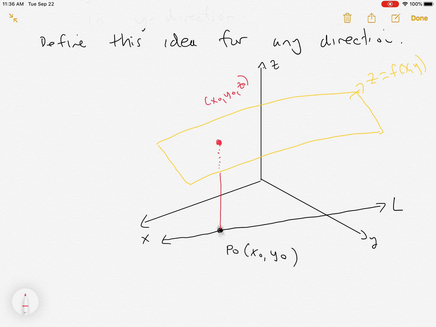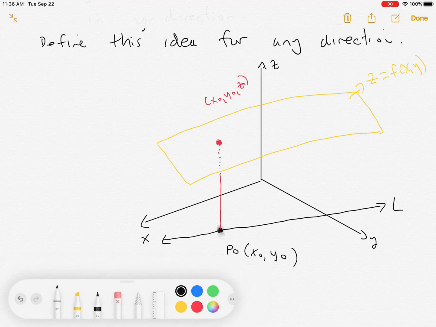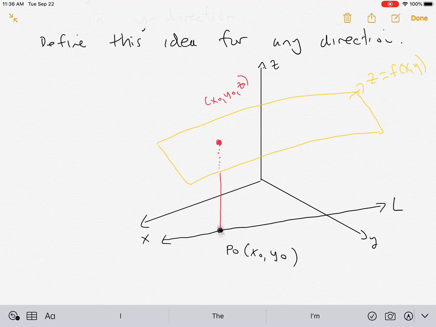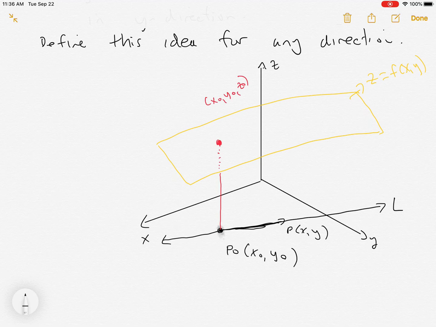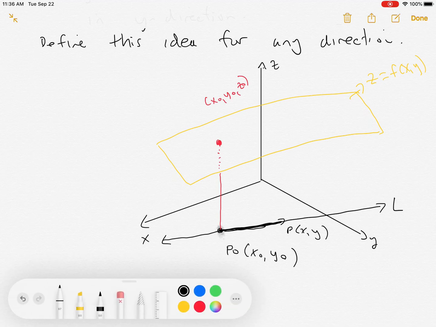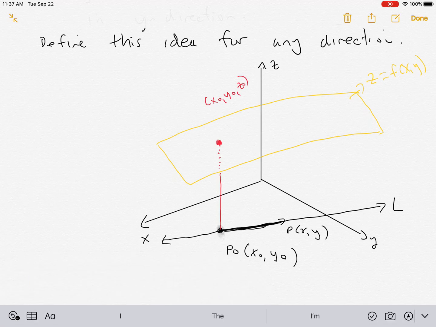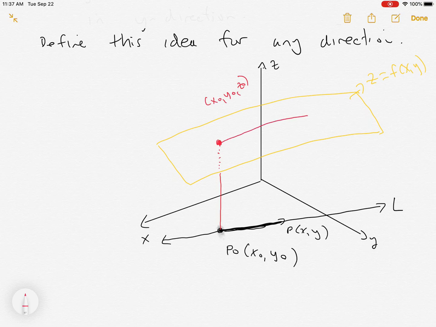Okay, so getting back to the theory piece of this, as p moves along this line, I'll just pick some point along here, p of x, y, just to say it could be anywhere. As p goes along this line and you evaluate all those points, a curve gets cut.